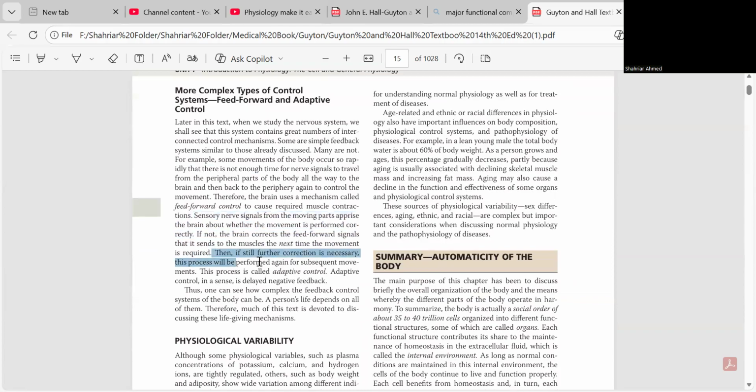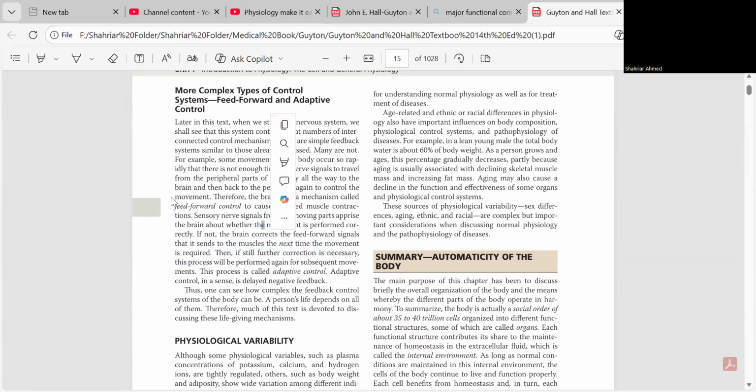Then, if still further correction is necessary, this process will be performed again for subsequent movement. This process is called adaptive control. Adaptive control, in a sense, is delayed negative feedback.